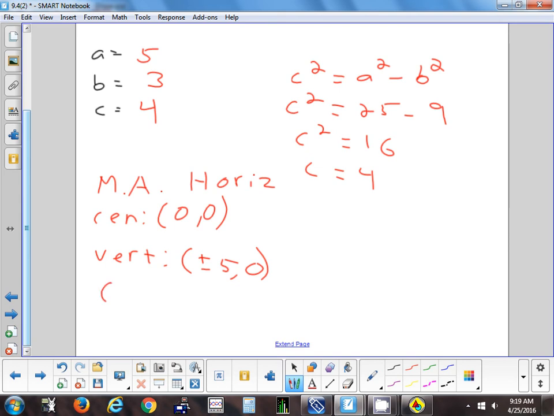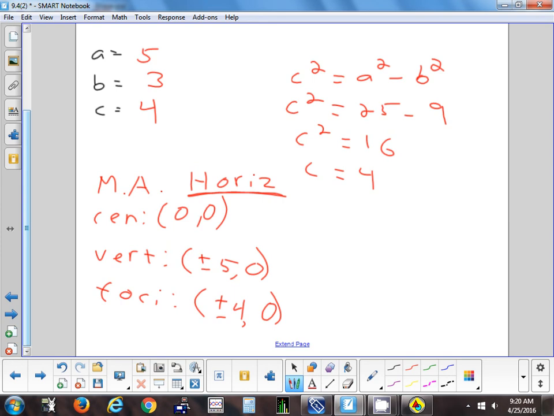Yep, the foci. How many units away from the origin are the foci? 4. Are they above and below, or left and right? Left and right. 4 units left, 4 units right. Those are the 4 things you need to describe when you discuss an ellipse.